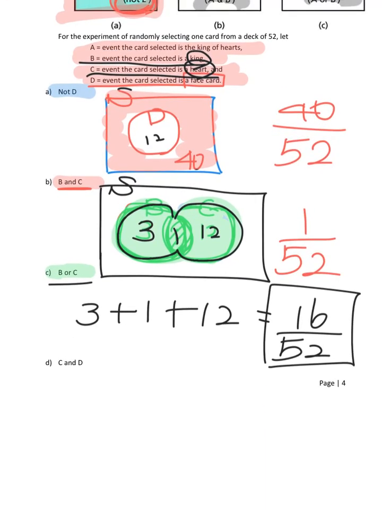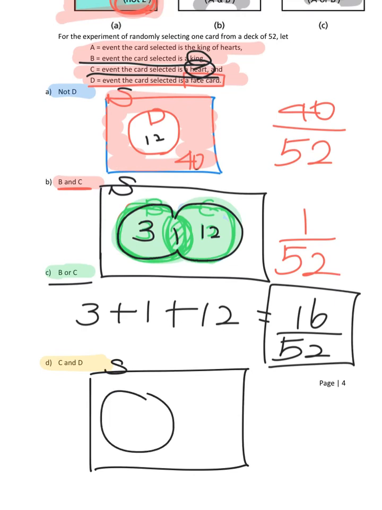The last one. C and D. Let me make another Venn diagram. Sample space S, C, D. Who was a C? Heart.